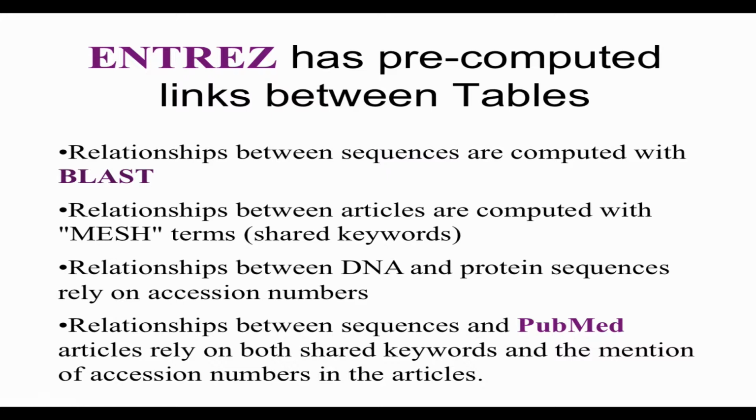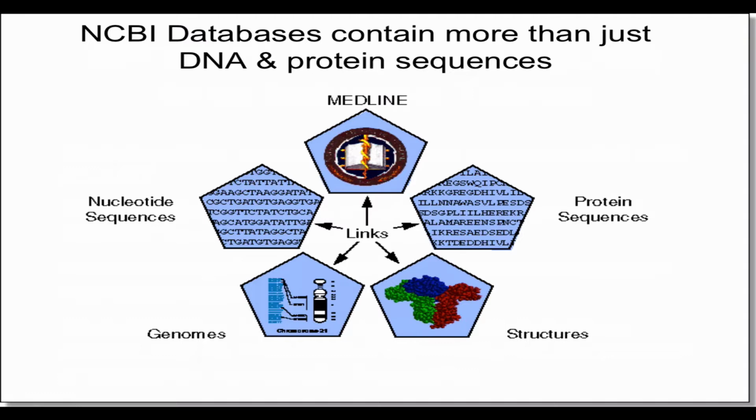For many sequences, there's a link between a DNA sequence and the protein. For many proteins, there's a link back to the DNA and also a link to a structure. There may be a link if it contains a conserved domain, etc. So they describe this like this, but it's actually a fair bit more complex.